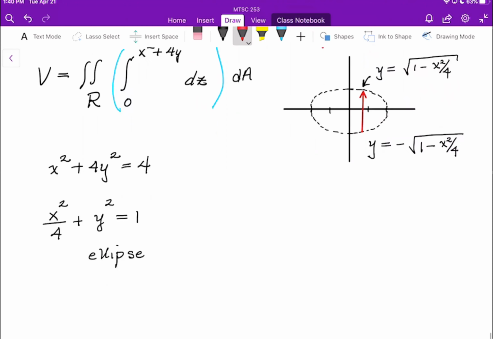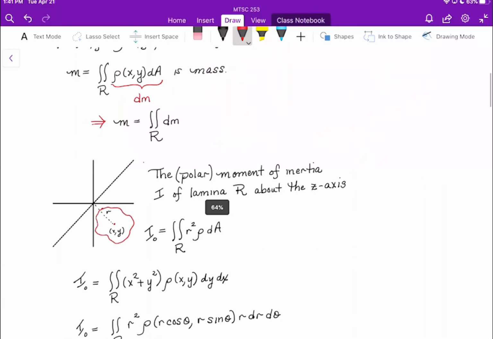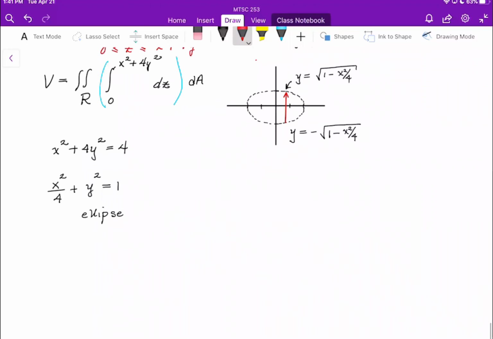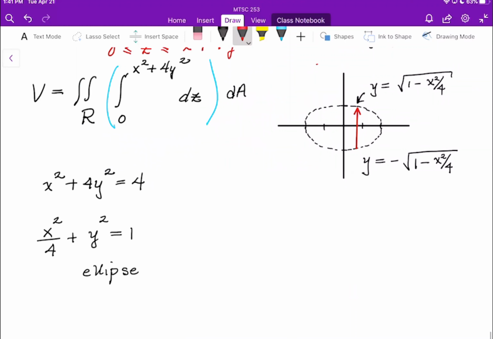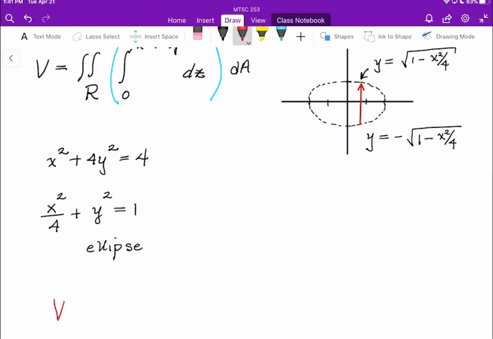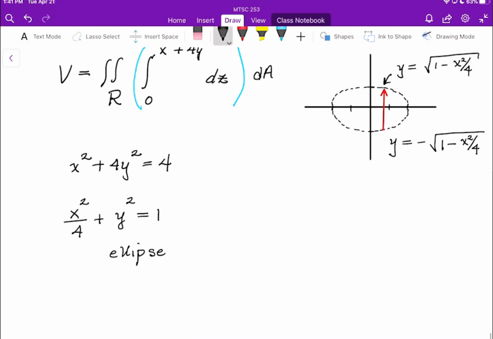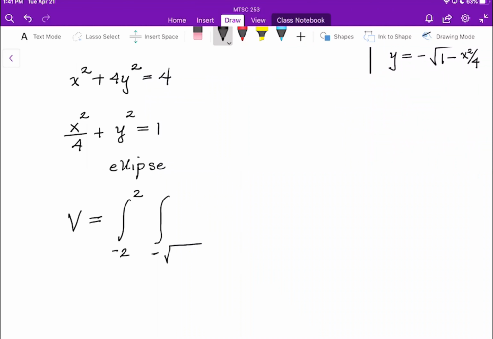So our volume is the integral, x goes from -2 to 2. y is going to go from minus the square root of 1 minus x squared over 4 to the positive square root of 1 minus x squared over 4.